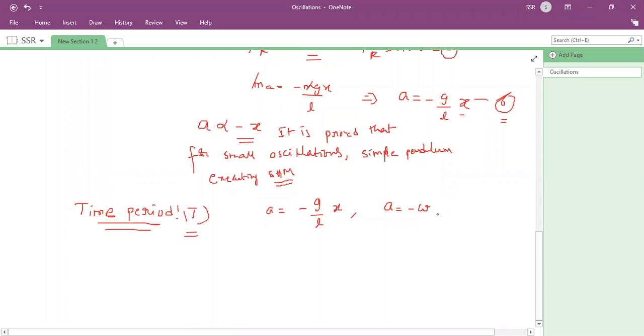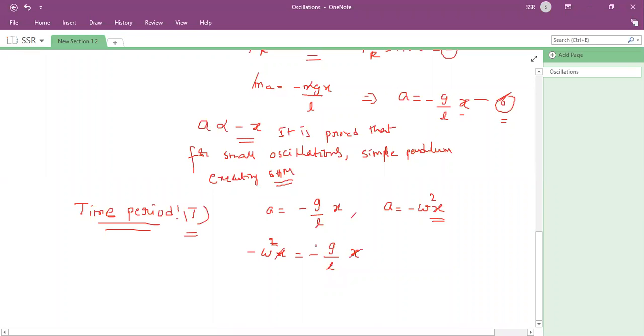I remember in SHM, a equals minus omega square y or omega square x, where y means the oscillations are along the y axis and x means along the x axis. That is the same convention, no problem, for linear simple harmonic motion. Then from equation number 6 and this equation, you can equate minus omega square x is equal to minus g by L into x.